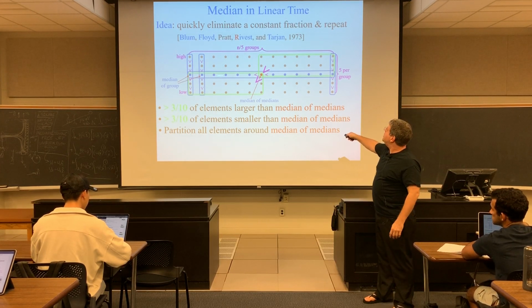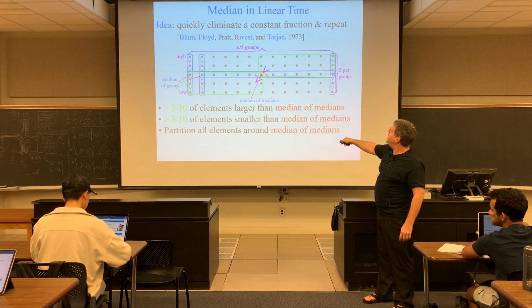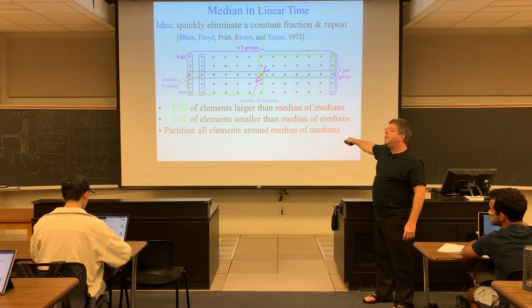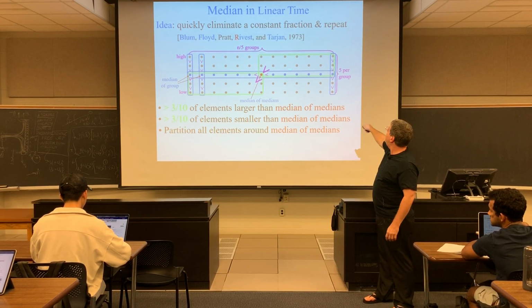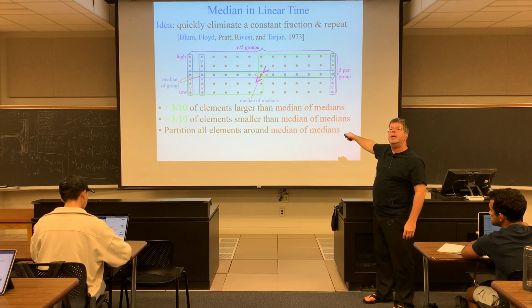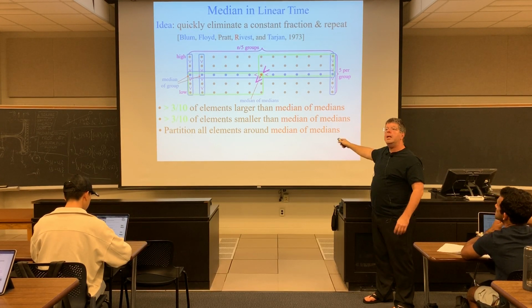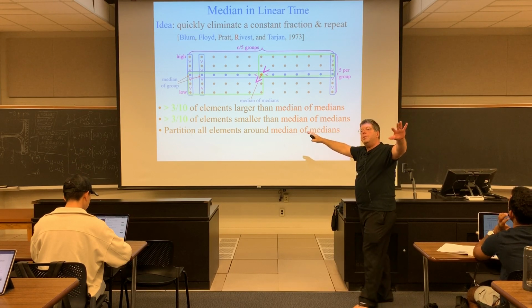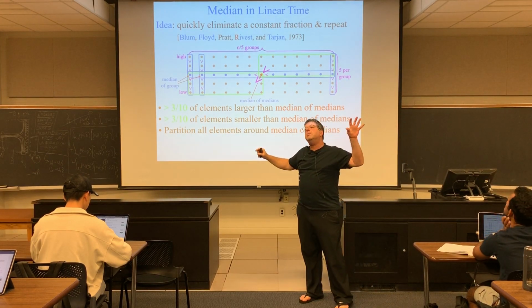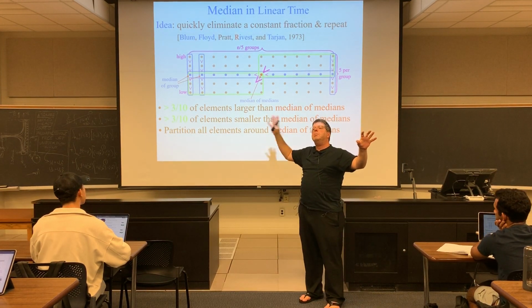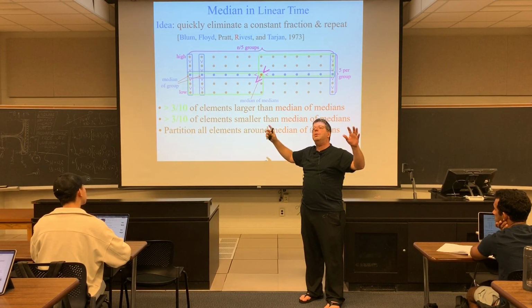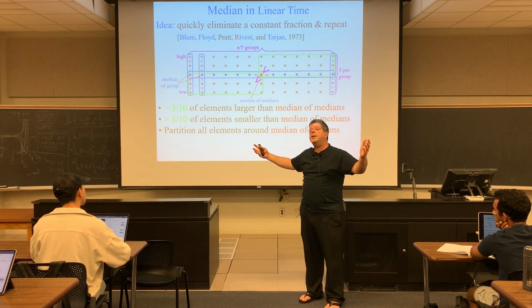Because 30%, 3/10 of the items are less than this red one right here. And 30%, 3/10 of them are larger than it. So when we pick it and then partition the others around it, 30% must be below it, 30% must be above it, and the rest may fall wherever they like. But it doesn't matter where they fall.